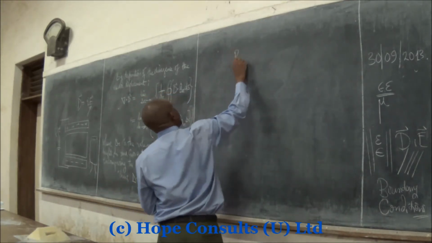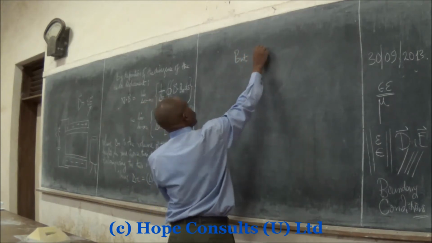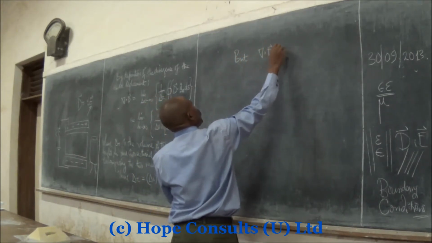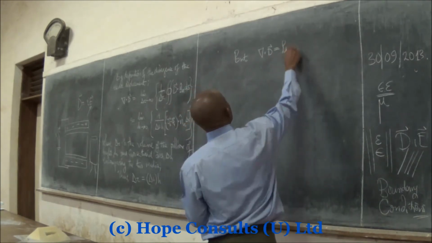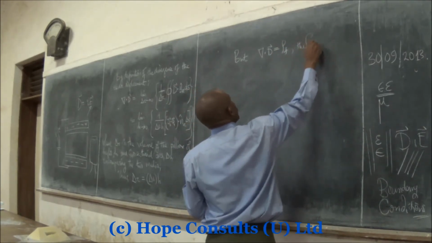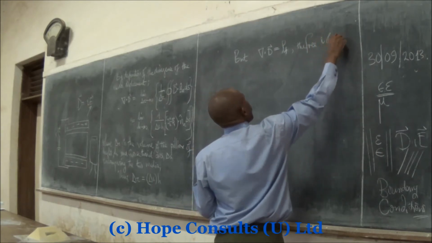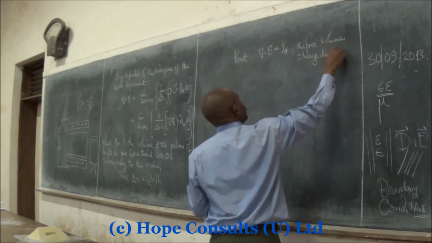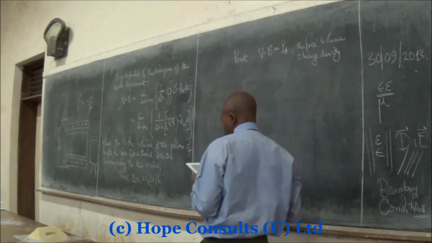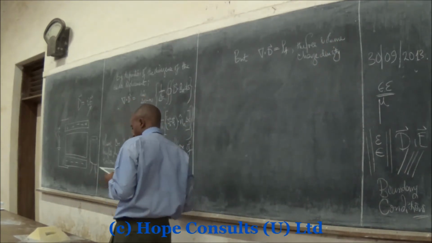But of course, we know that the divergence of D is equal to rho f, the free volume charge density. We did that as Gauss's law in differential form.